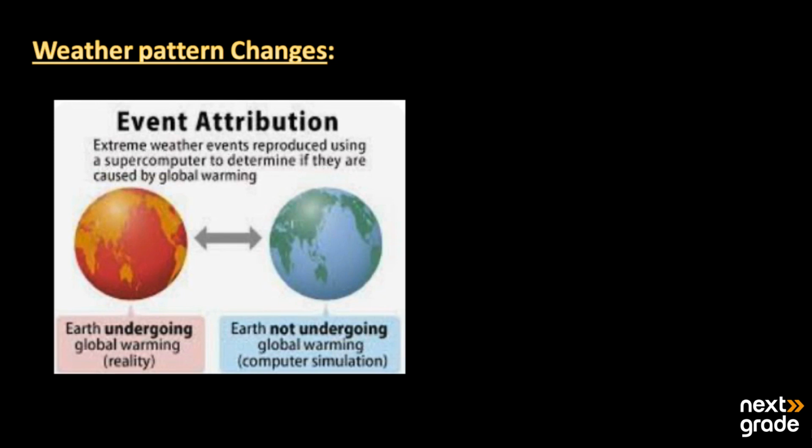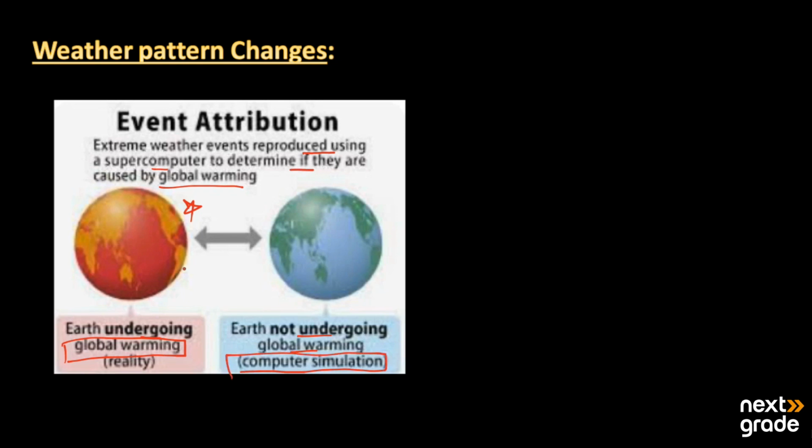When there are extreme weather events, they are reproduced using a supercomputer to determine if they are caused by global warming. Now, have a look. This is the Earth that is undergoing global warming; this is the reality of today's world. On the other hand, here we have the Earth that is not undergoing global warming, and it is a computer simulation.